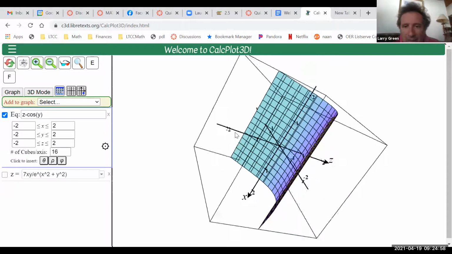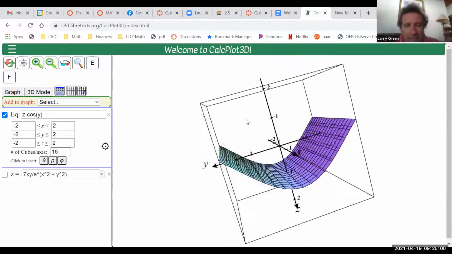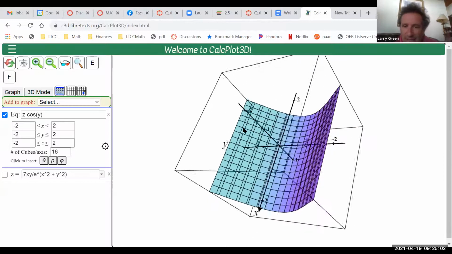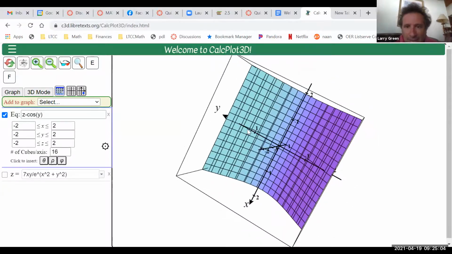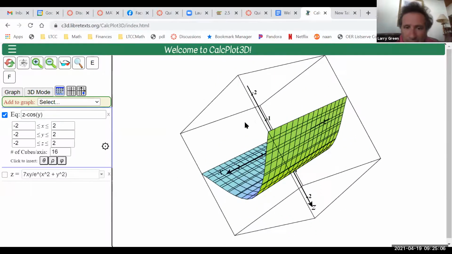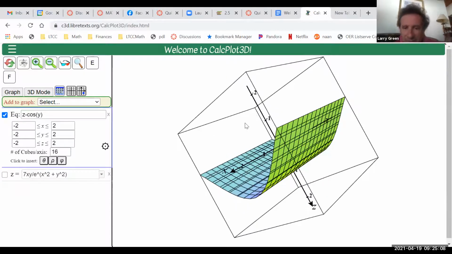And what happens when you're missing x instead of missing z is the perpendicular lines are parallel to the x-axis. So here's our x-axis, and here's all our perpendicular lines that make up this cosine cylinder. Any questions on that?